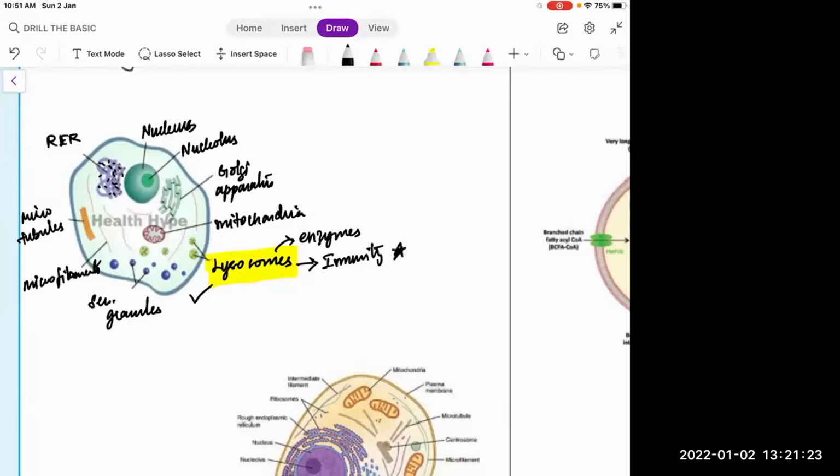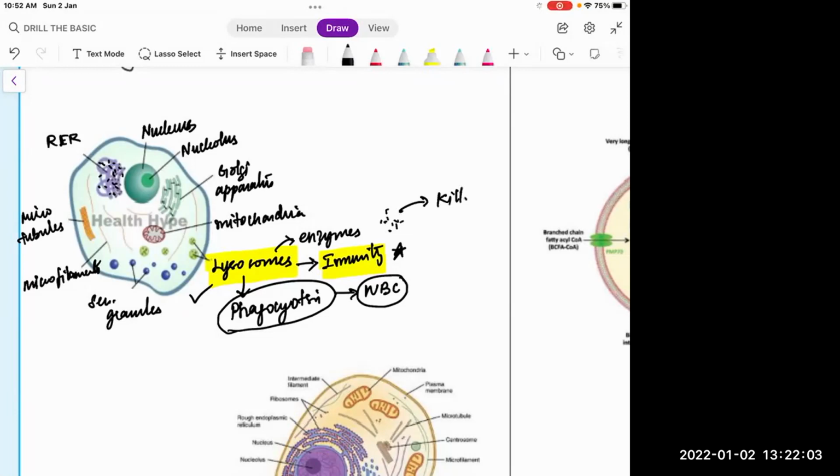Why is the lysosome considered to have a role in immunity? Because it performs its function with phagocytosis. Phagocytosis is mediated by white blood cells, the neutrophils, macrophages and monocytes, to engulf foreign material, bacteria, viruses or anything else foreign. It forms the phagolysosome with the phagocytic cell, releases all the digestive enzymes and finally kills the foreign material.